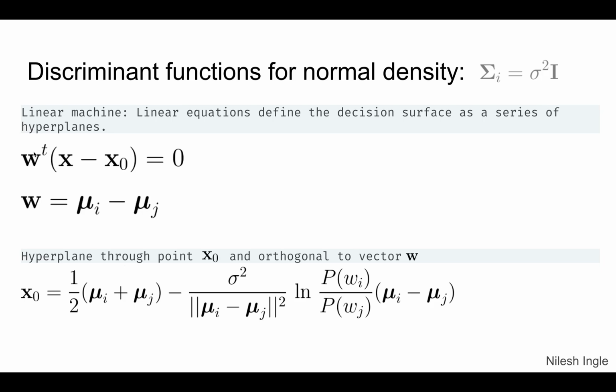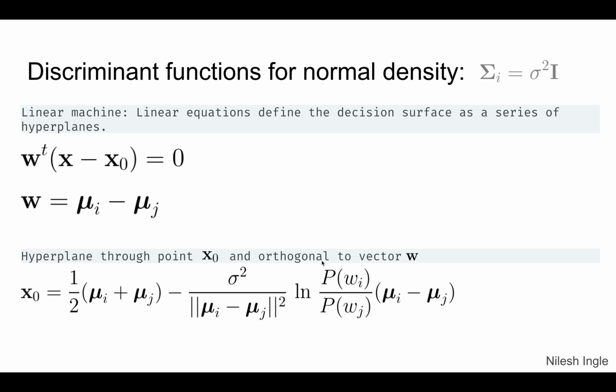So these are the decision surfaces, or we are trying to find the decision surfaces for hyperplanes, and w is given as mu i minus mu j. The hyperplane passes through point x0 and is orthogonal to the vector w, and this one is given by this relation down below.